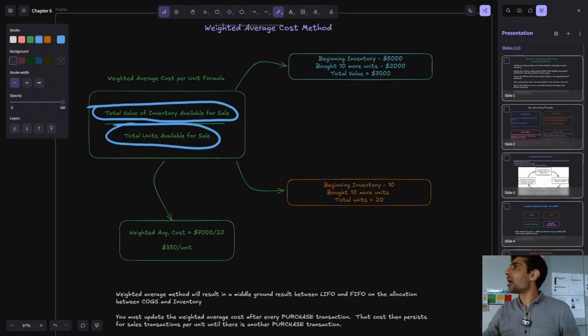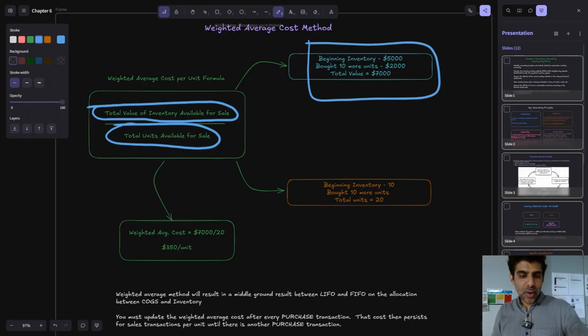It's going to be weighed more heavily for whichever price has more units. So in this example, beginning inventory is 5,000. We bought 10 more units for 2,000. So how much was this per unit? This is easy math. This is $200 per unit.